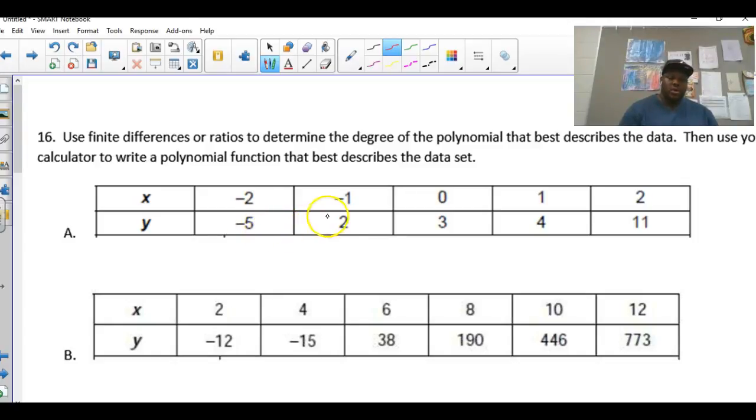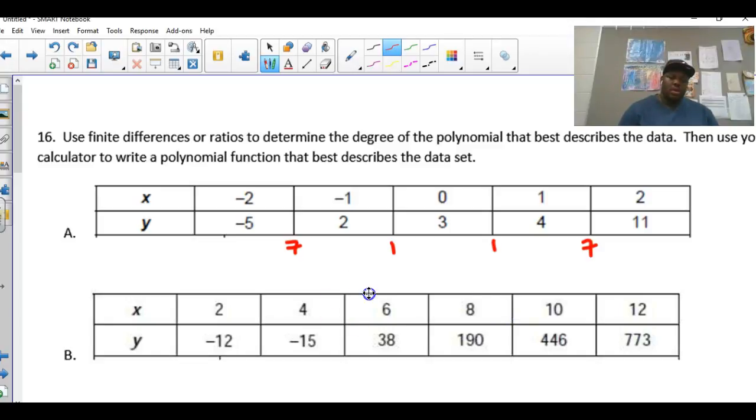-5, if I wanted to go 2 minus a -5, that's a distance of 7. 3 minus 2 is 1. 4 minus 3 is going to be 1. And 11 minus 4 is going to be 7. Alright.